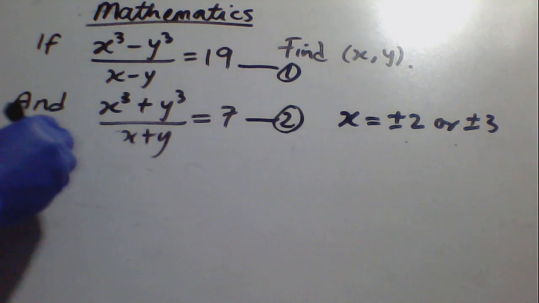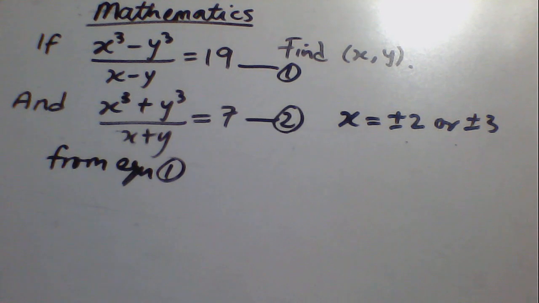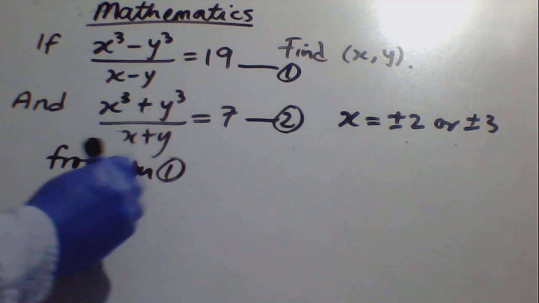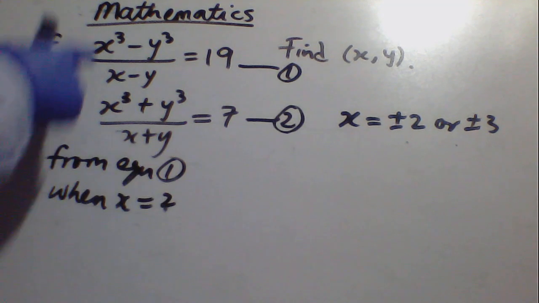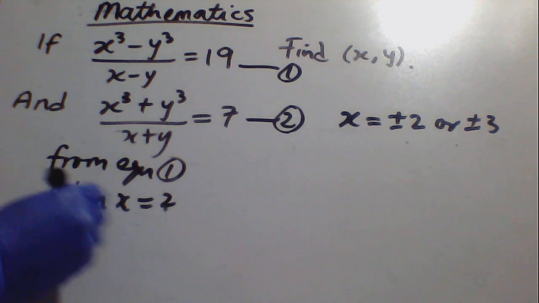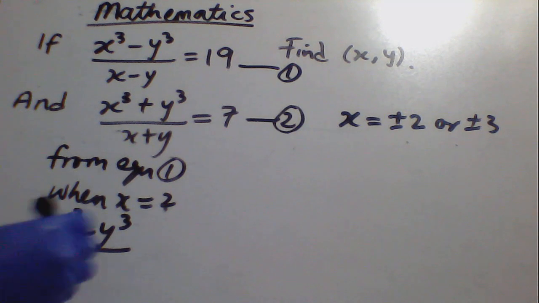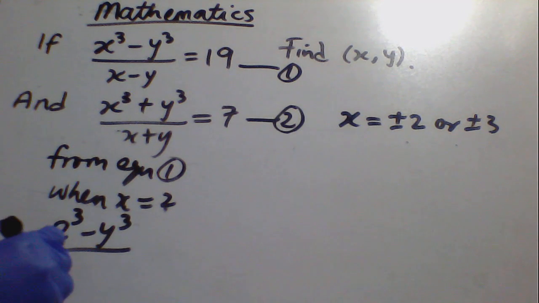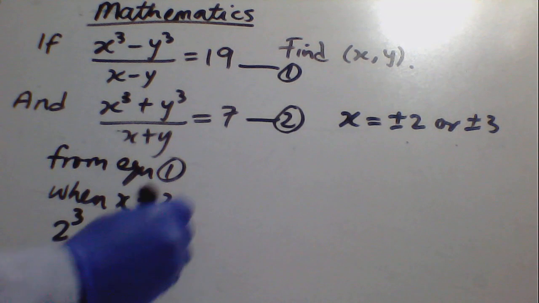So from equation 1, when s is equal to 2, you have 2 raised to power 3 minus y raised to power 3, divided by 2 minus y, is equal to 19.